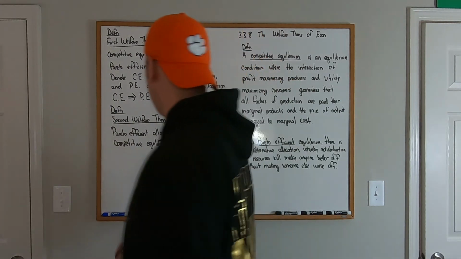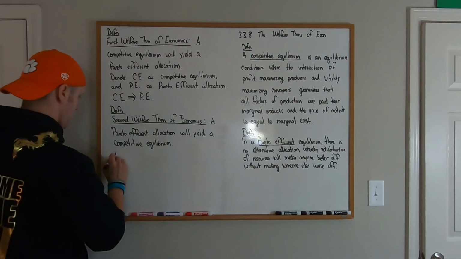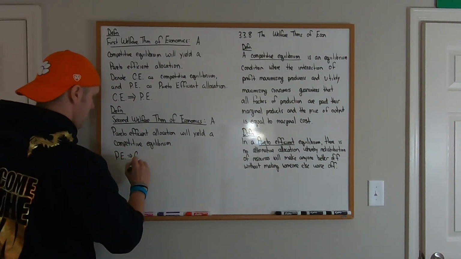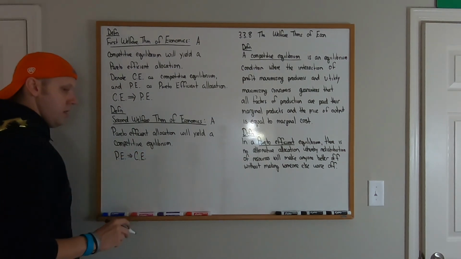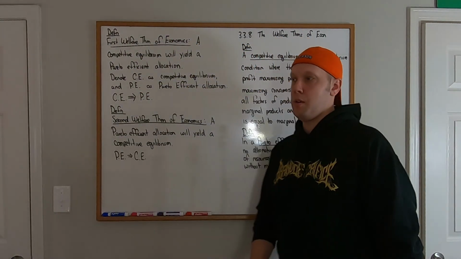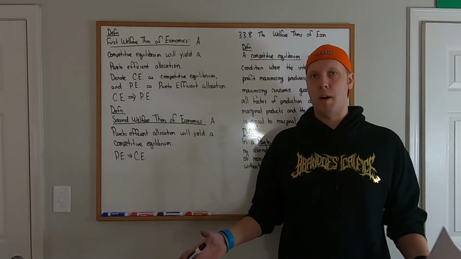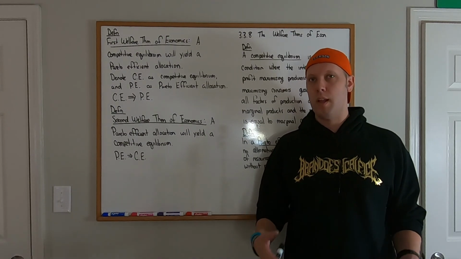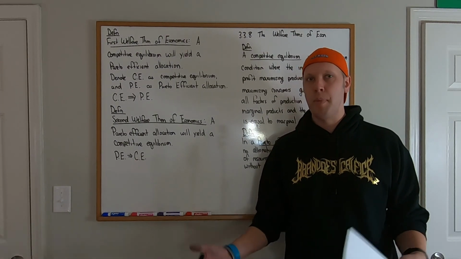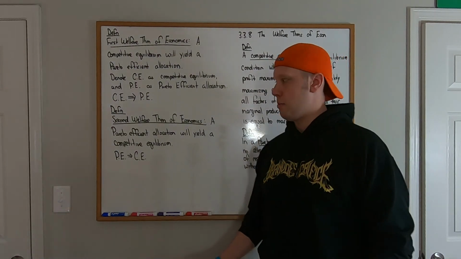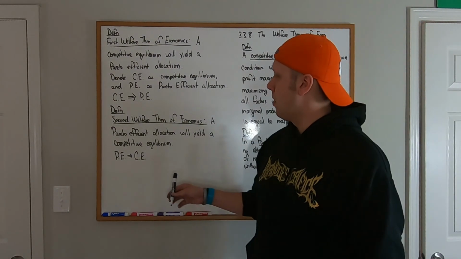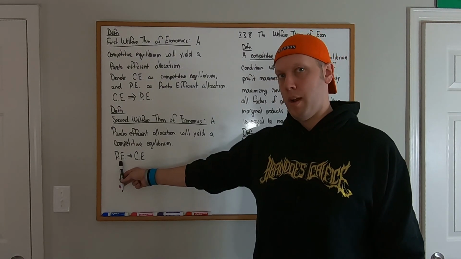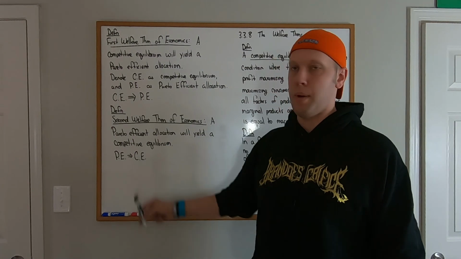So in this case, Pareto efficiency implies competitive equilibrium. So if I were to take resources and redistribute them in a way where I can't make anyone better off and anyone worse off, and then allow the market to work, allow production to exist, allow people to go to market and buy output that has been produced, then as long as we begin with a Pareto efficient allocation, we will achieve a competitive equilibrium.